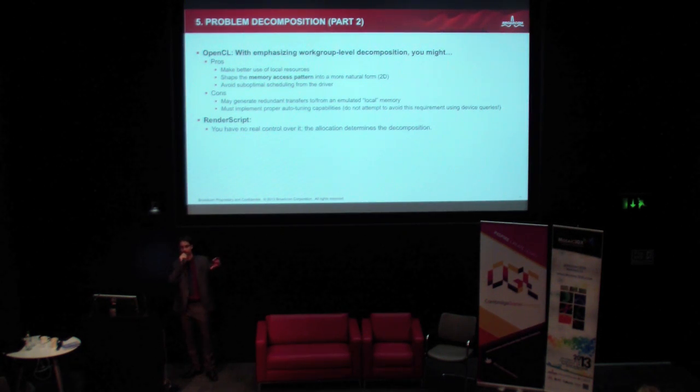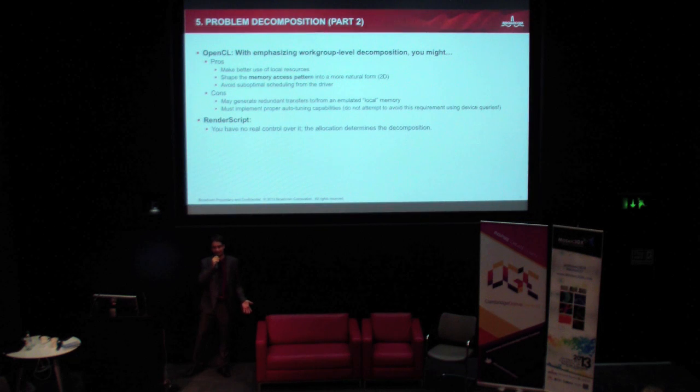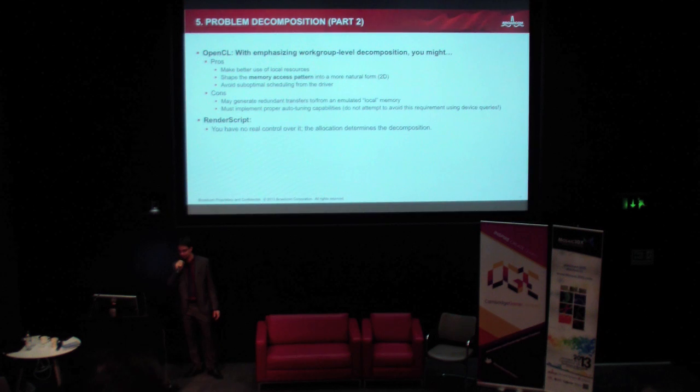And you can also determine, by setting the shape of the workgroup, not just the size of it, but the shape of the memory access pattern too, which might be suboptimal anyway if the driver would decide it instead of you. But it's not guaranteed that you actually have on-chip local memory in OpenCL. Okay, you can query it, but if you don't have it, then you're just introducing additional redundant global to global transfers, and it's definitely not the thing you wanted to achieve.